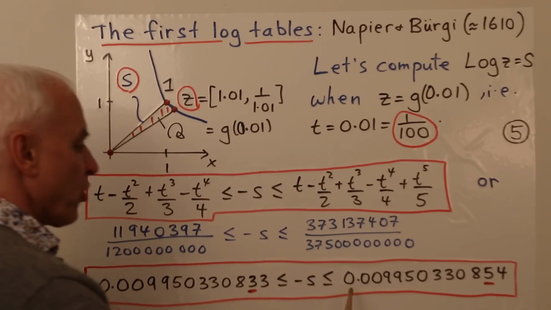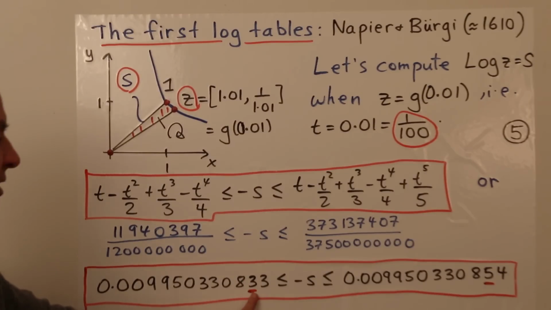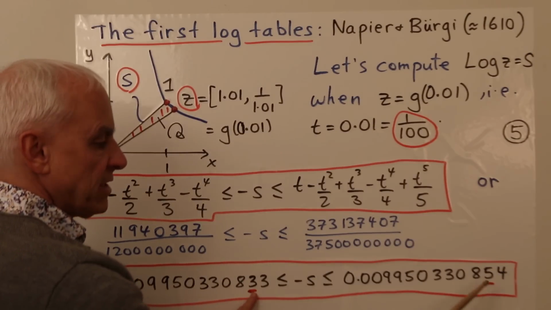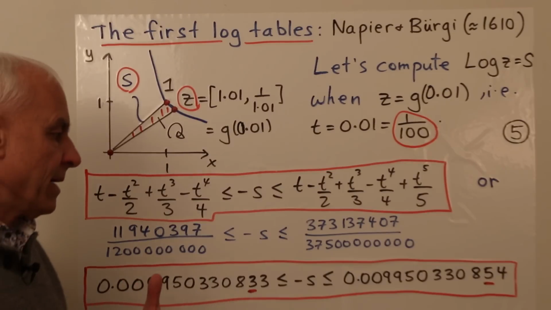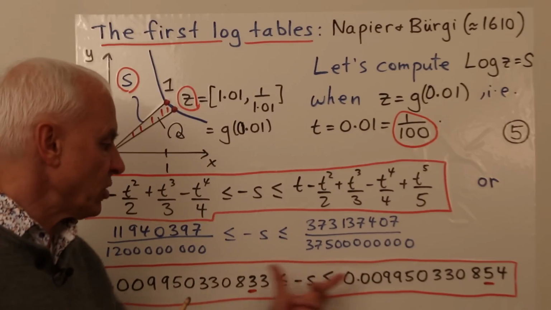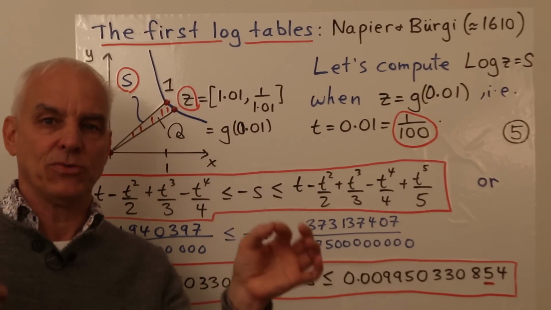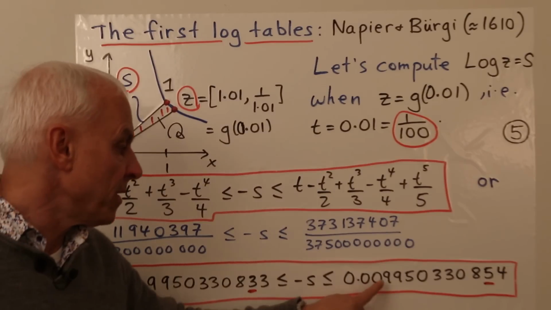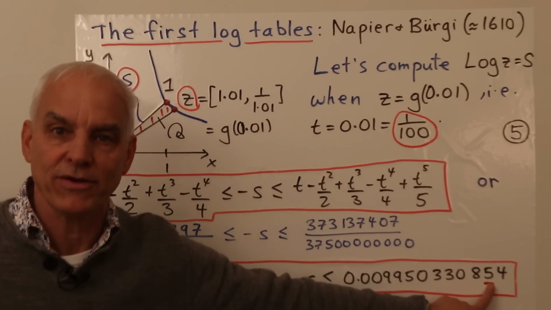But we see that we have agreement with these decimals up to the place that I've marked here. So the 3 there, the 5 there, that's the first place where there's some disagreement. That's really solidifying our understanding that yes, this is a very good approximation. We've sandwiched minus s between these two things which are very close to each other because they only differ in the 3, 6, 9, 10, in the 11th decimal place.